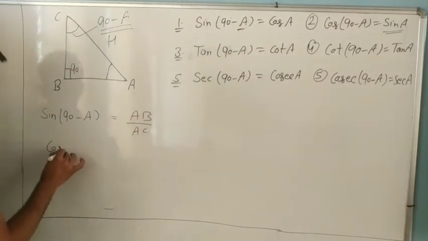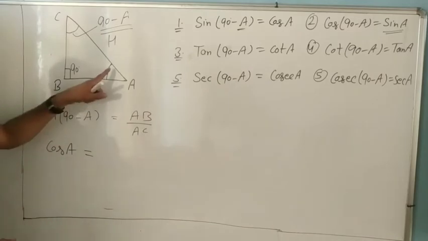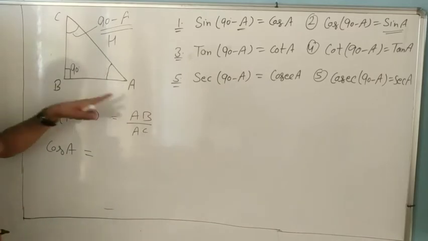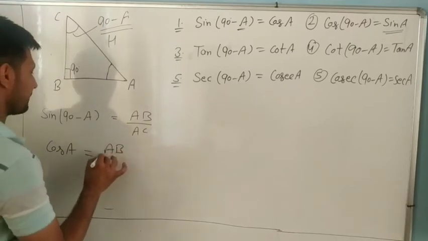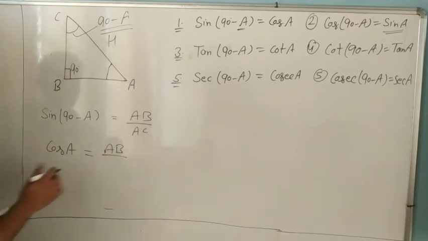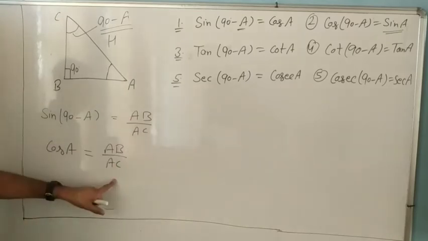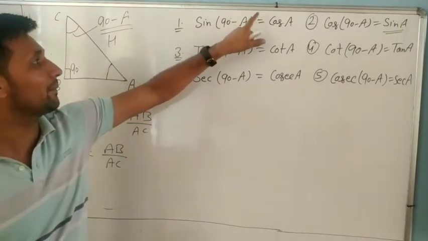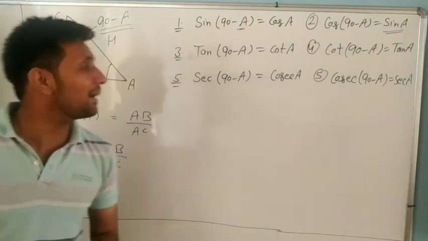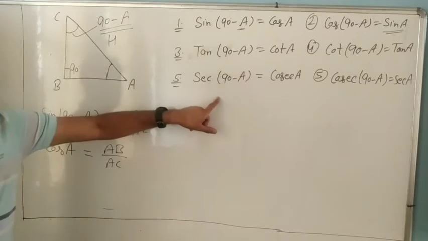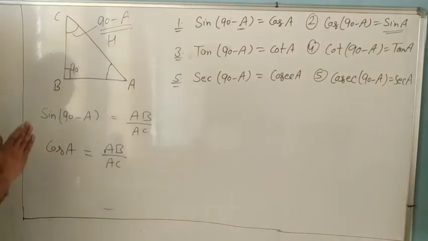Yes, it is cos A. Now, opposite of this one is perpendicular, this is the base. So base is AB upon AC. Both are equal. So sine (90 minus A) is equal to cos A. Same as it is, we will find all, dear.